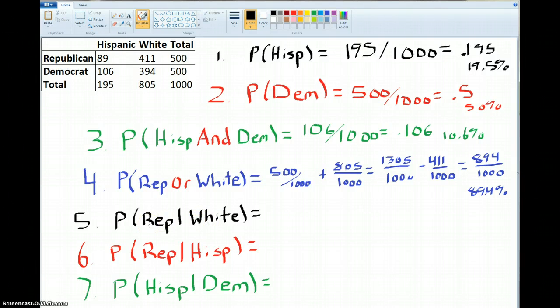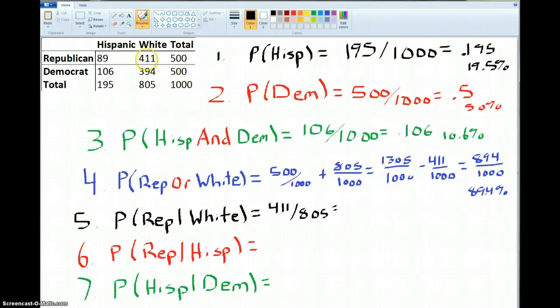So what are the chances we get a Republican? Well, there's 411 Republicans out of the total 805 who are white. So see what we do here after the vertical bar, that tells you what column you're looking at. We're only looking at the column that has the information for white people.